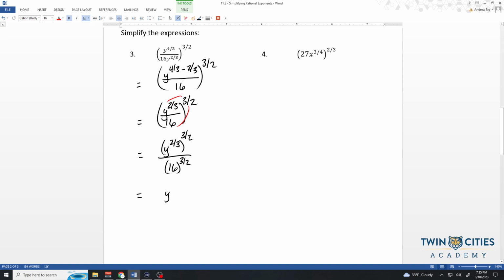This is y to the 2 times 3 is 6. 3 times 2 is 6, so y to the 6 over 6. And this will still be 16 to the 3/2. And finally, 6 over 6 is 1, so that's just y to the first power, or just y over 16 to the 3/2. This will be 64.